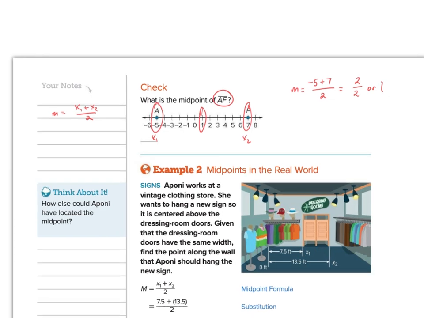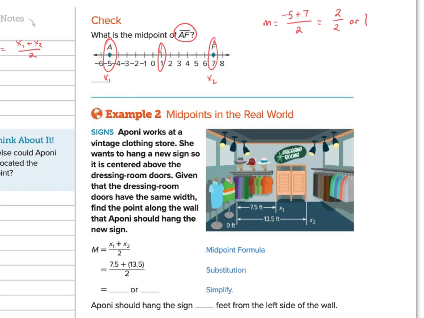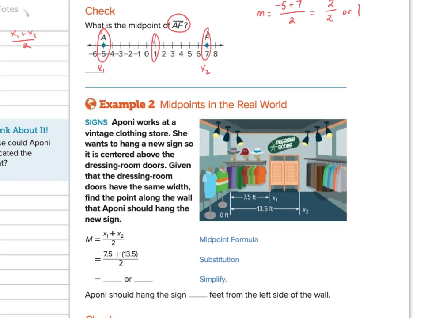Okay, so let's see here. We're again using these real world concepts. We're trying to apply geometric formulas and terms and images to real world problems. So she works at a vintage clothing store, and she wants to hang a new sign so it is centered above the dressing room doors.